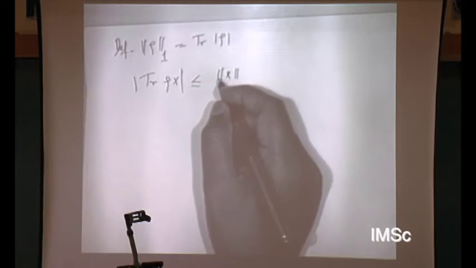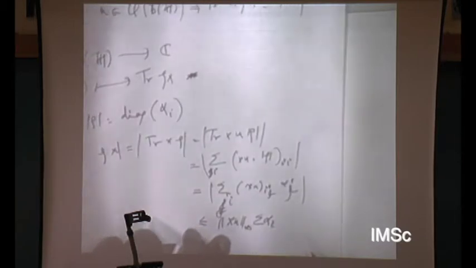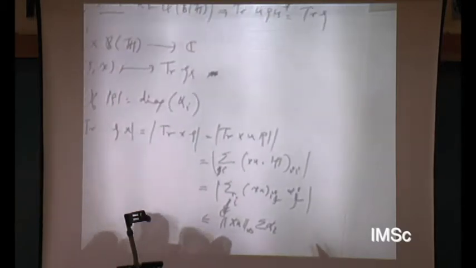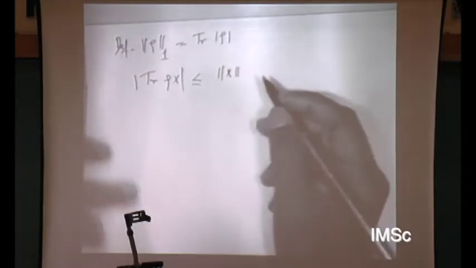So this norm is the infinity norm, the operator norm. I write infinity for operator norm, and one for this is the so-called trace norm.